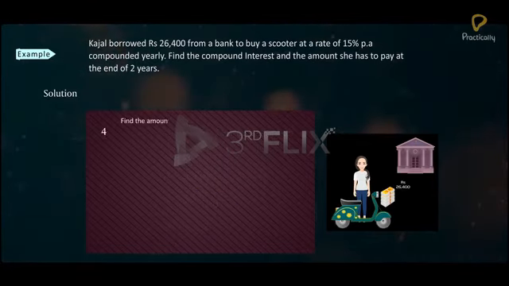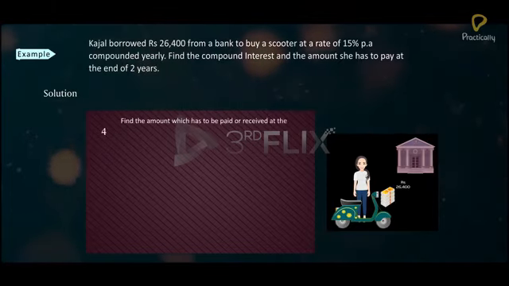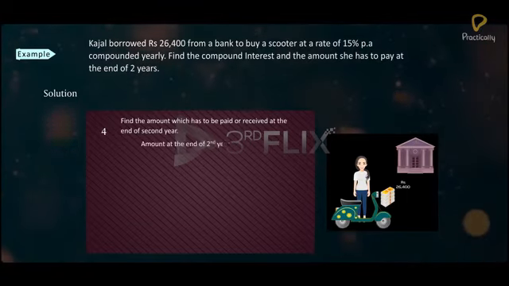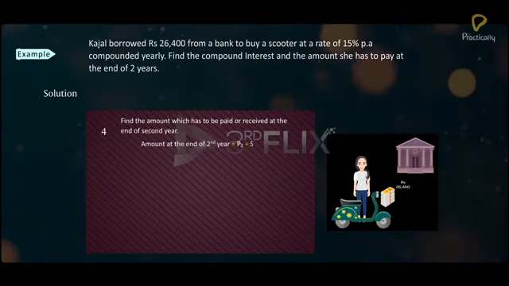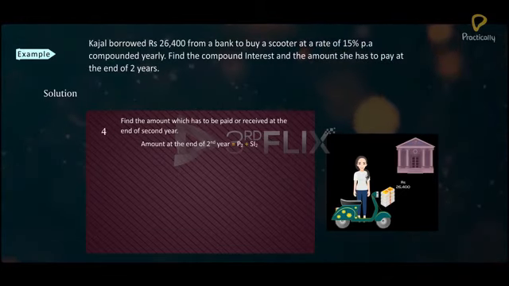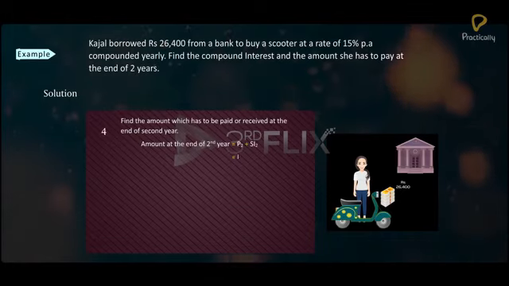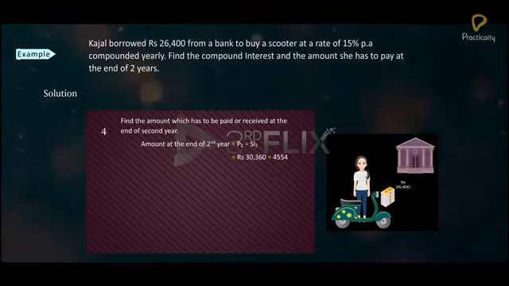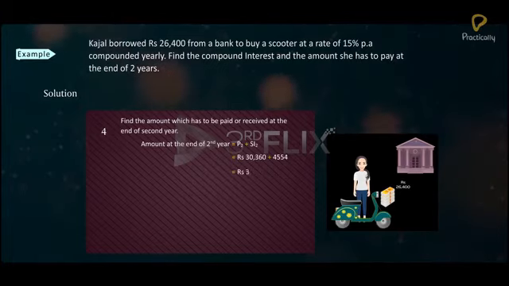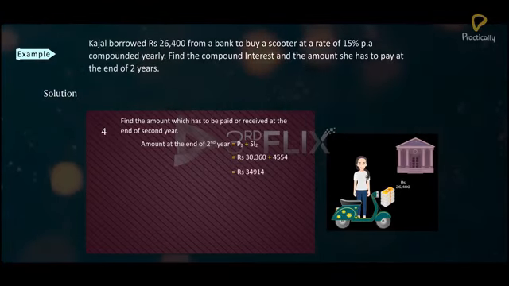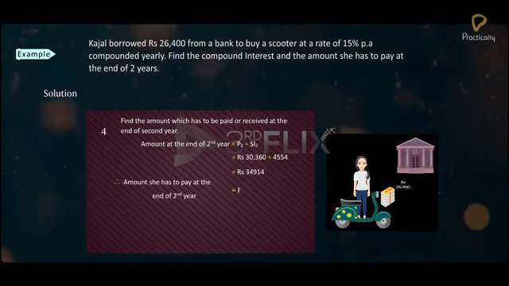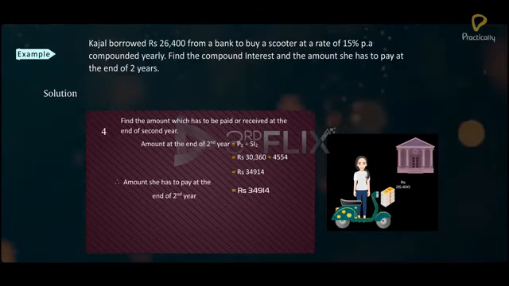Fourth, find the amount which has to be paid or received at the end of the second year. Amount at the end of the second year is equal to P2 plus SI2. It is equal to Rs 30,360 plus 4,554, which is Rs 34,914. Therefore, the amount she has to pay at the end of the second year is Rs 34,914.